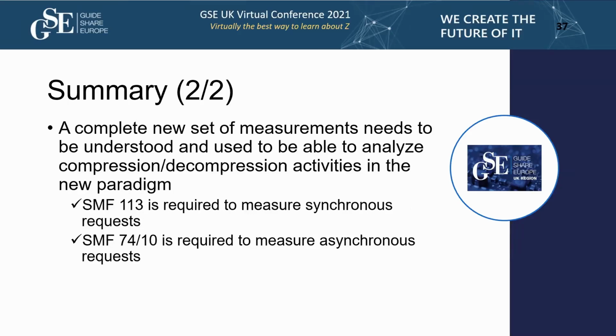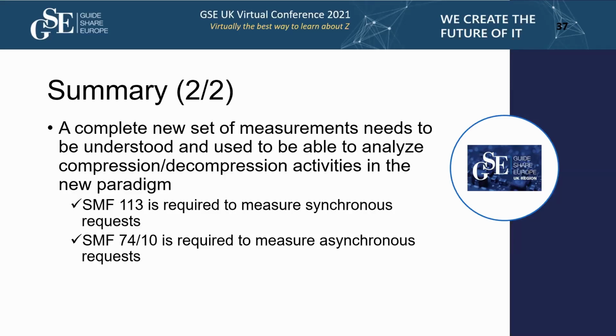For what concerns the activity of performance analysts, there is a new set of measurements that needs to be understood and used to be able to analyze the compression and decompression activities with the z15.